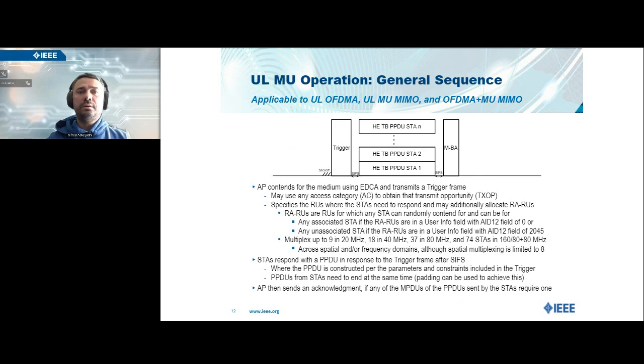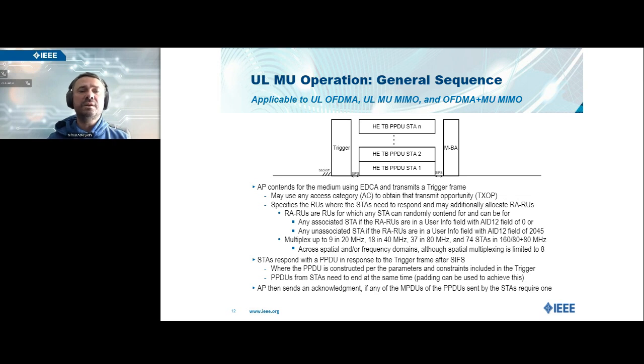So here we show the general sequence of the uplink multi-user operation, bearing in mind that the trigger-based PPDUs allow both uplink OFDMA, uplink multi-user MIMO, and a combination of the two multiplexing techniques to be deployed by the access point when triggering the stations. In general, when the access point contends for the medium to send the trigger frame, it is going to use, as traditionally, enhanced distributed channel access, so EDCA.